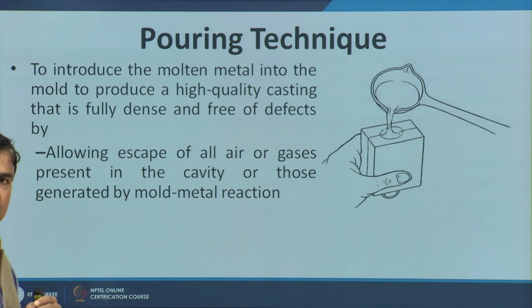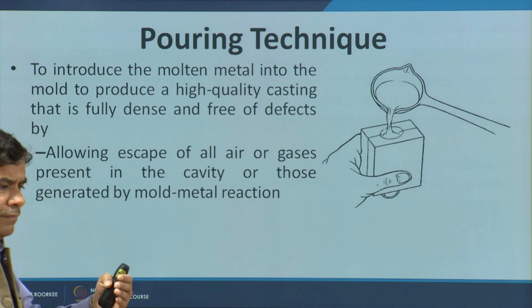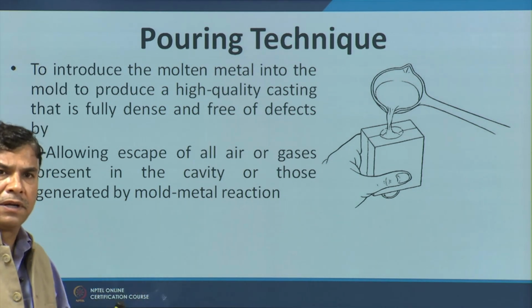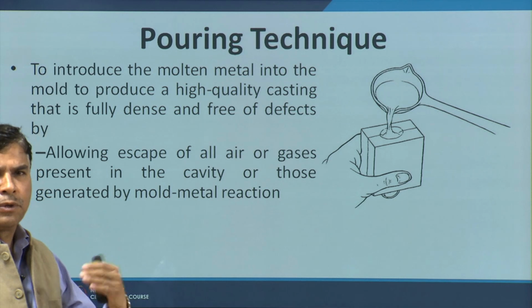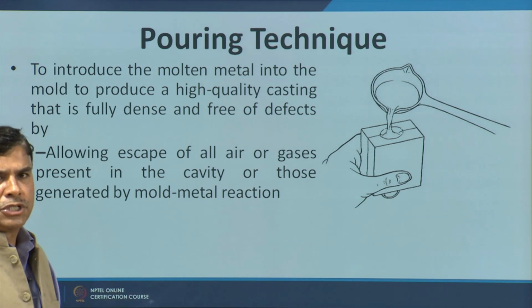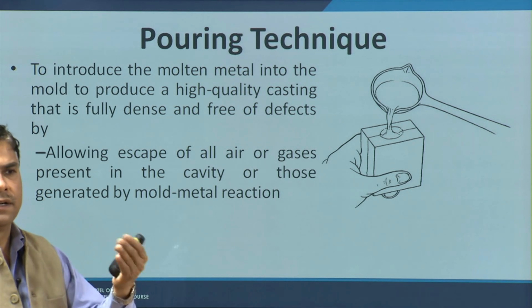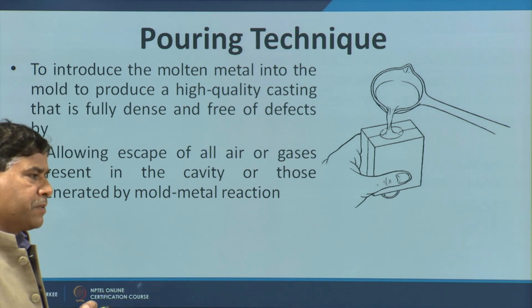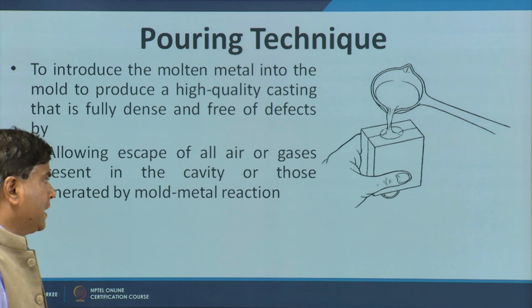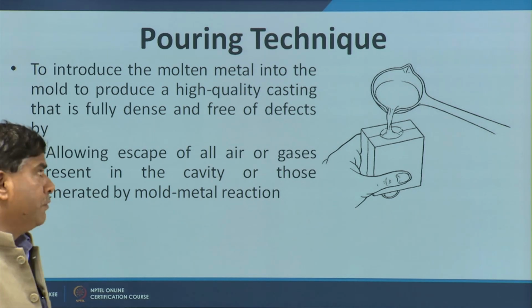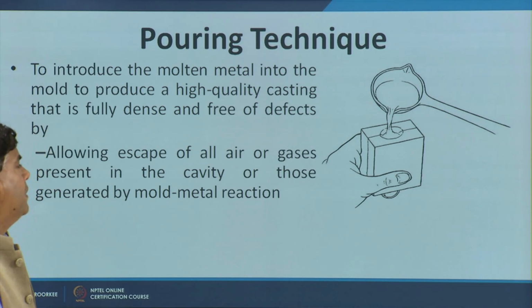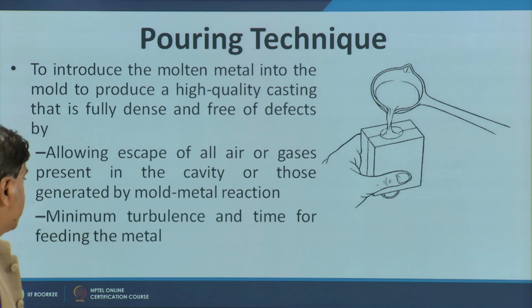We know that in the case of the sand mold, whenever hot molten metal is fed into the mold cavity, the evaporation of moisture as well as the interaction between the molten metal and the mold surface leads to the evolution of gases, and these gases must be removed, otherwise they will lead to gaseous defects.